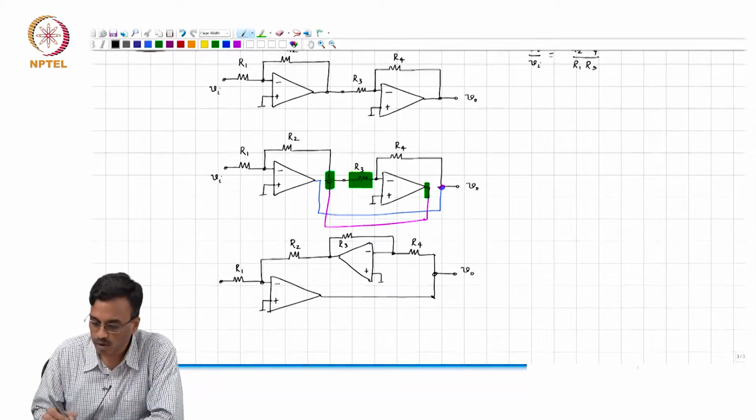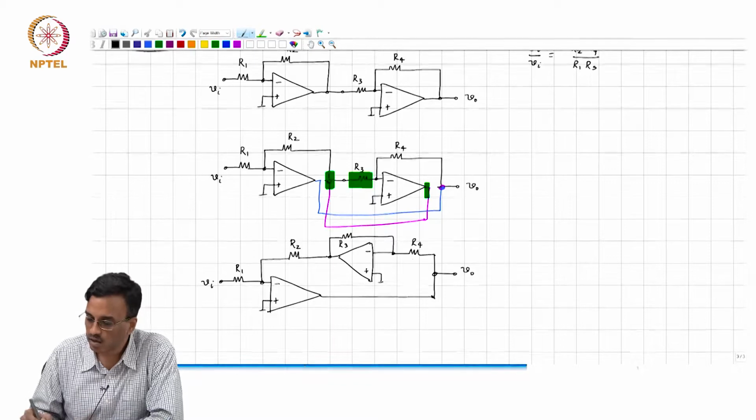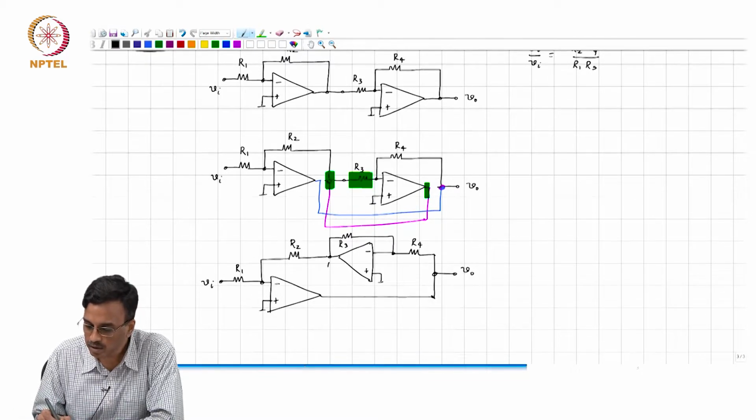Yeah. So, well, this is Vi, this is virtual ground. So, what must this be?